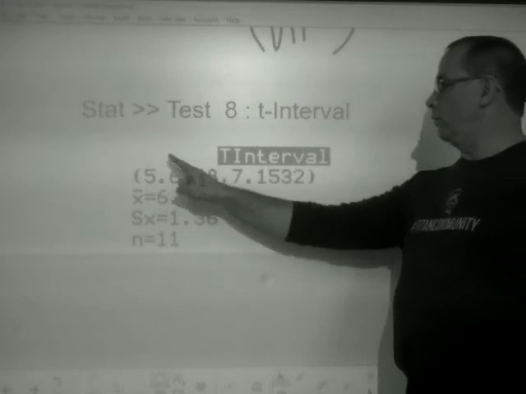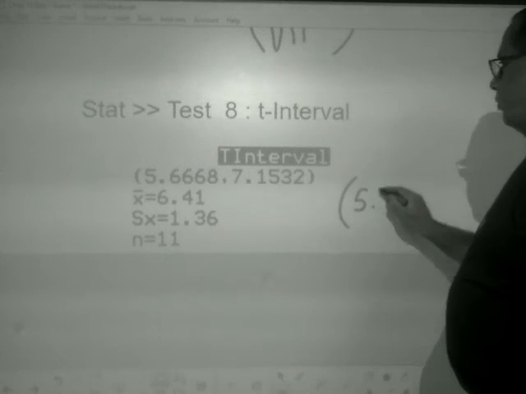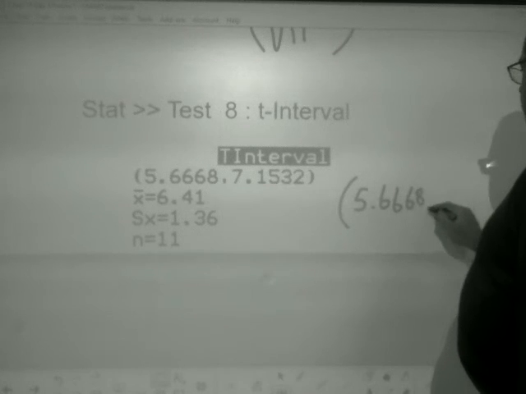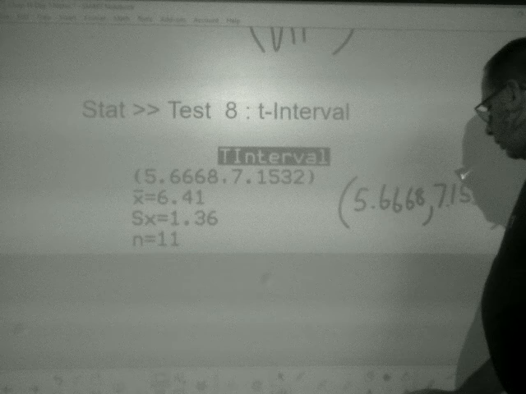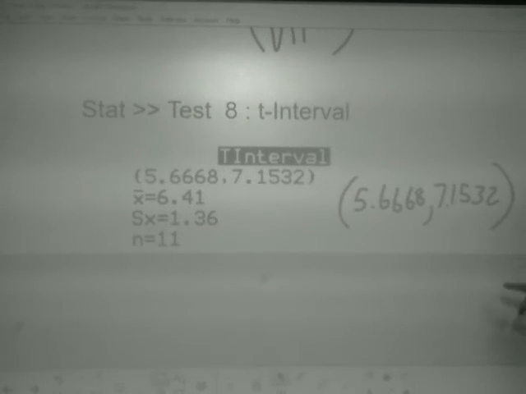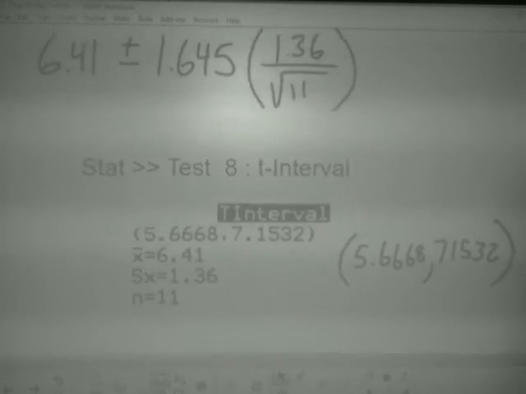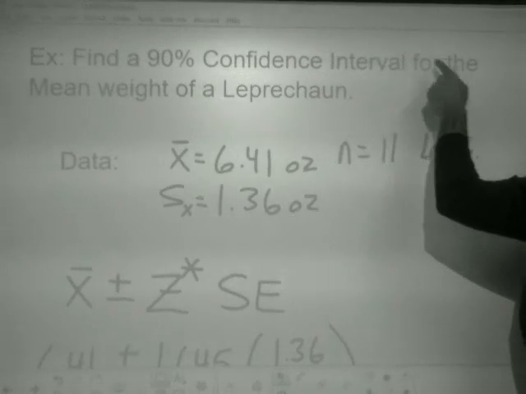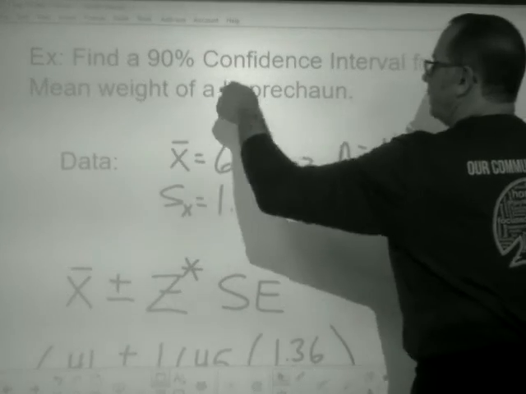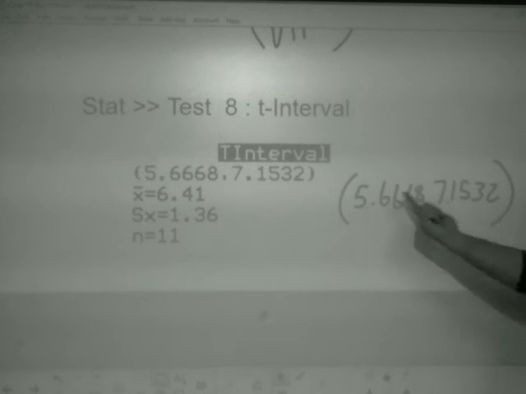So I write my interval in parentheses: 5.6668, comma, 7.1532. Now I can write my conclusion. What percent? 90% confident that the mean weight of a leprechaun is between this and this.